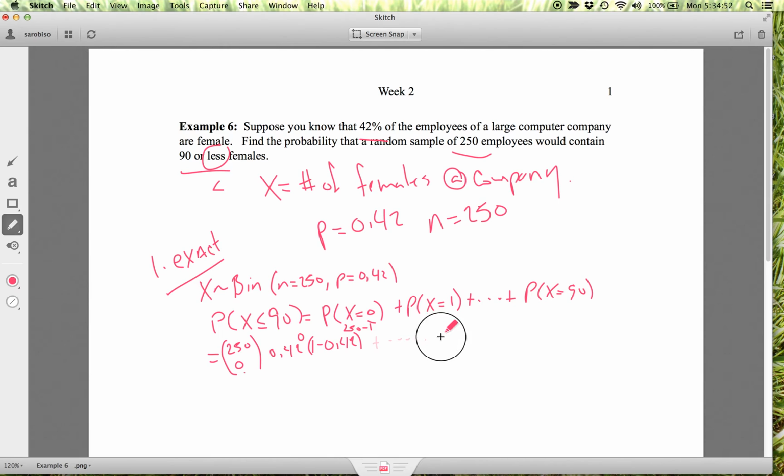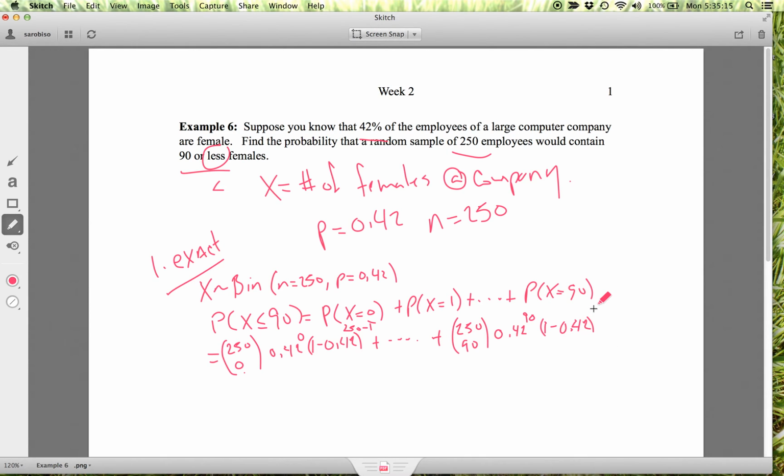You could do this all the way along, getting 91 different equations, which would take a very long time, but would give you the most exact answer.